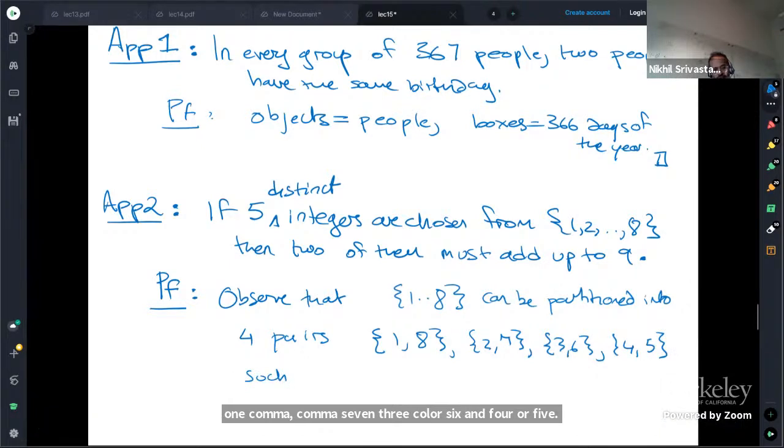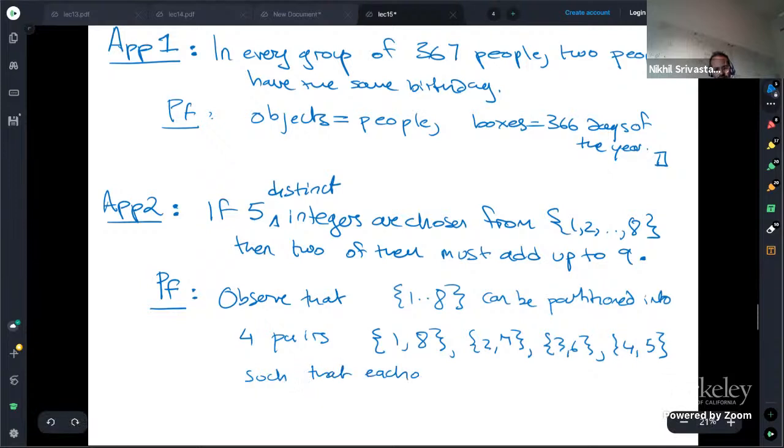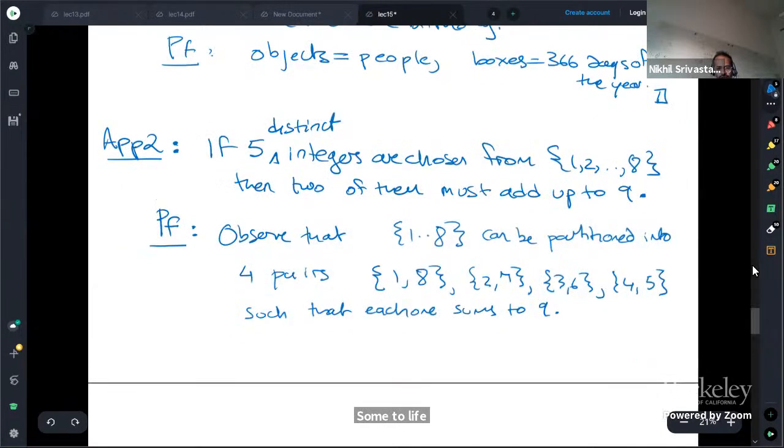No integer appears in both of them, and each one sums to 9. Now make a box for each pair.